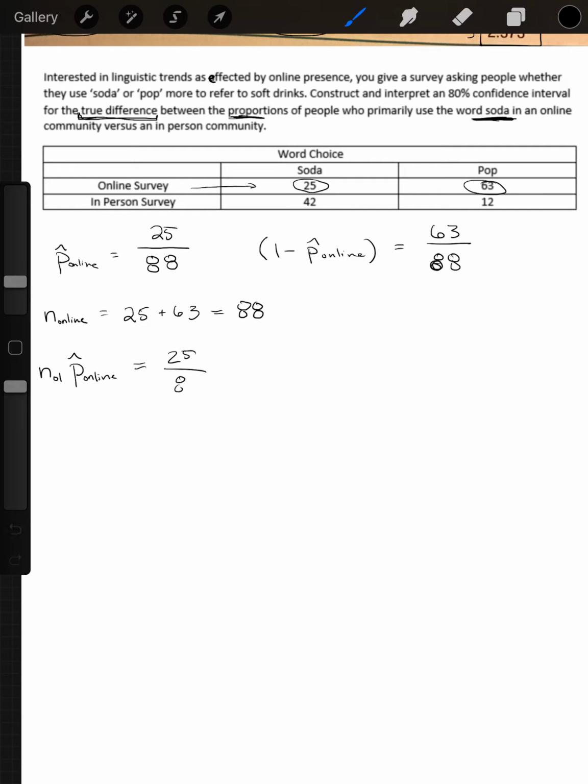That's going to be 25 over 88 times 88. And that's 25, so that's bigger than 10. And n online times 1 minus p-hat online is going to be 63 over 88 times 88. So that's 63, and that's greater than 10.